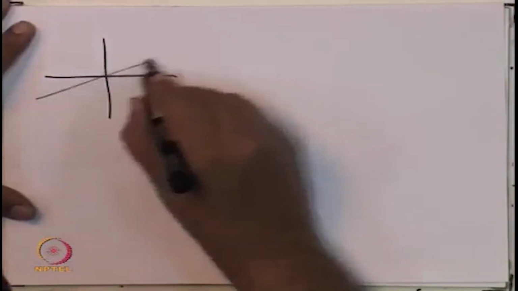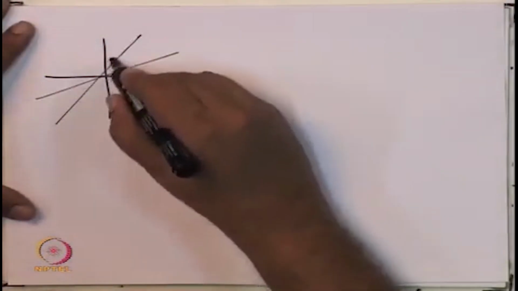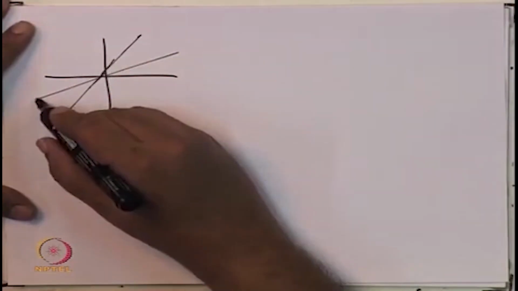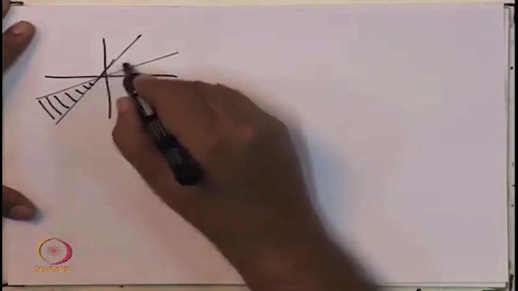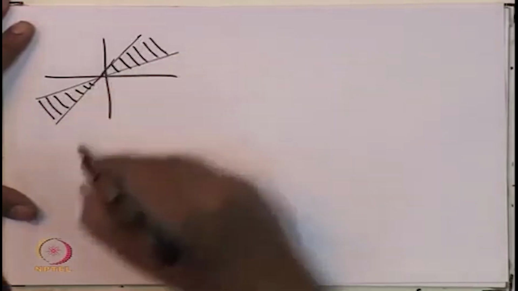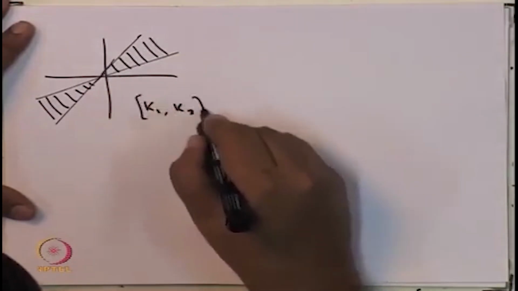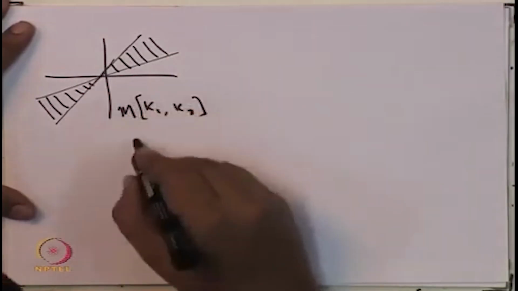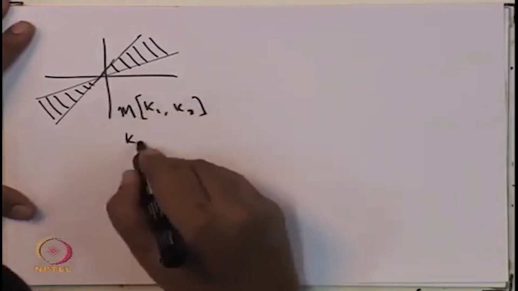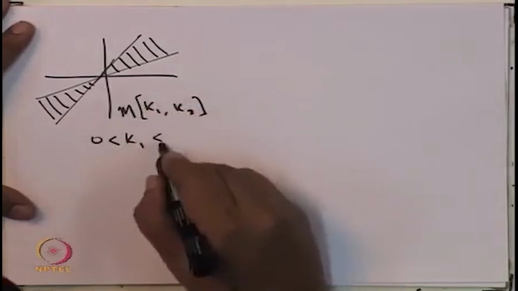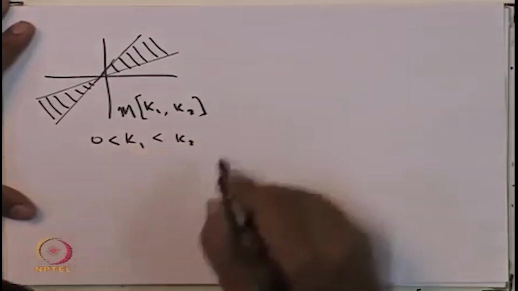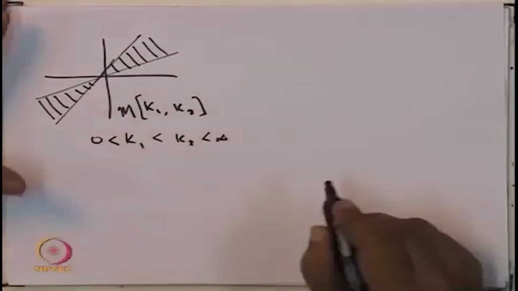So, suppose you have a nonlinearity like this. Okay. So, the nonlinearity is in this shaded region. So, the nonlinearity is between k1, k2, where k1 is positive and less than k2, less than infinity.